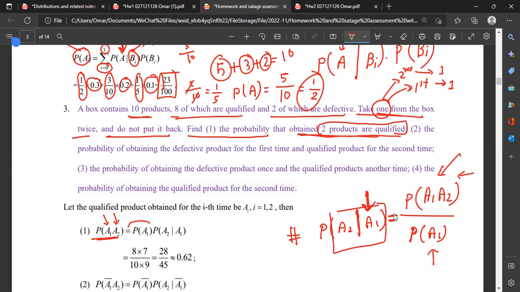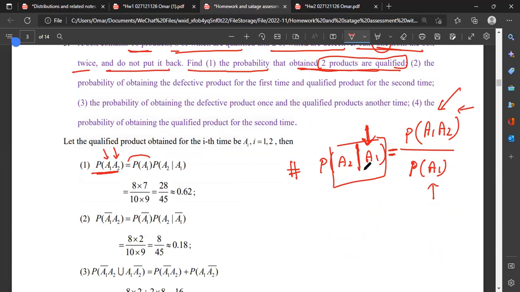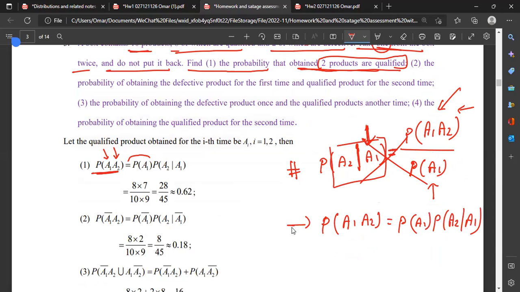If you cross multiply, you will get P of A1, A2 equal to P of A1 times P of A2 given that the condition is A1. This is just the conditional probability formula in a different form.